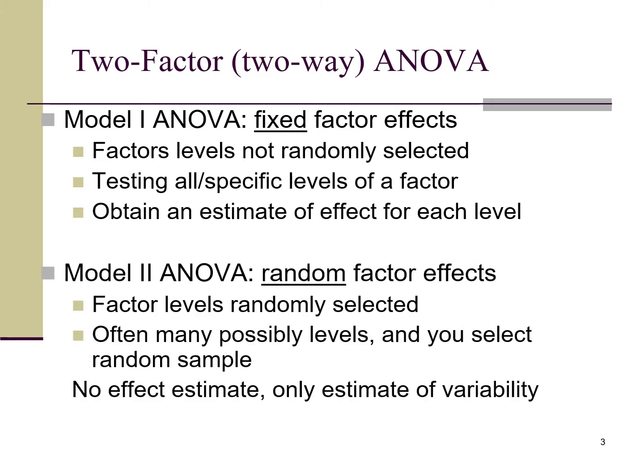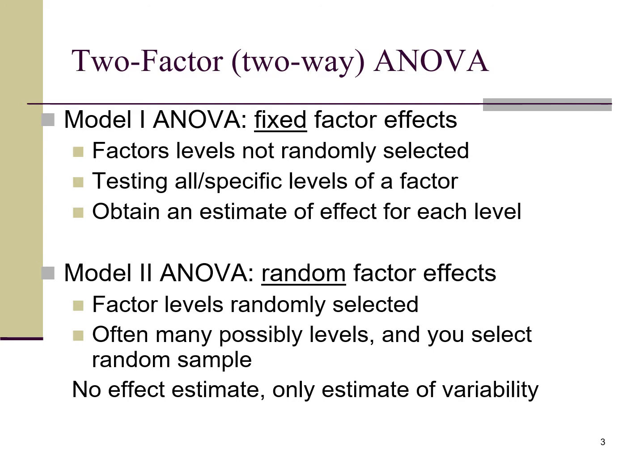A Model 2 ANOVA involves random factor effects. So these factor levels are randomly selected or have been assigned using maybe some knowledge. Maybe you might have a low, medium, and high of something, and you have decided that this is what these levels would be based on previous information, but it's not like species where there's a bright line separating the factor levels.